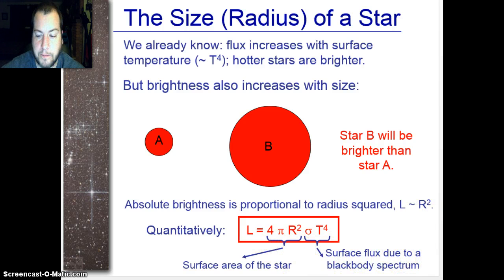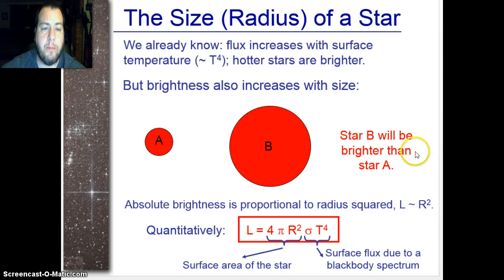Remember this formula. You don't have to know how to use that formula, but just remember, if you see that, you should automatically be thinking Stefan-Boltzmann, and you should be thinking raising the temperature or increasing the size of the star will make it brighter.